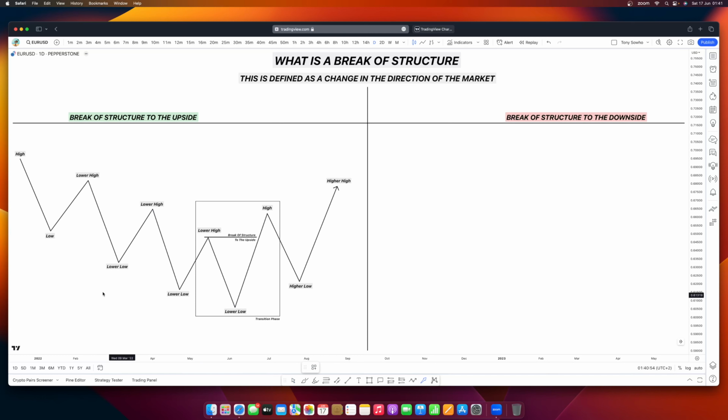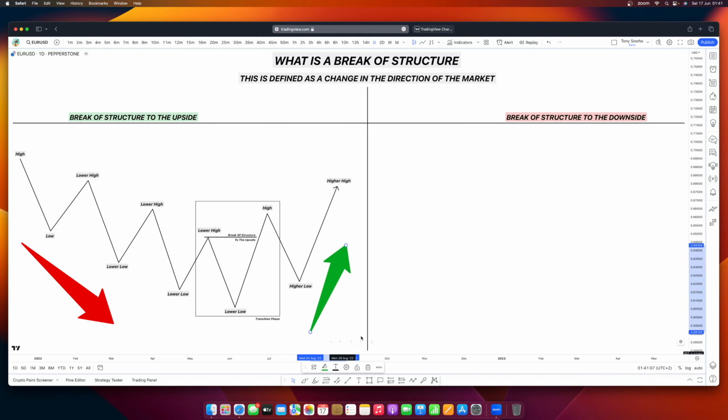So we can do like this: price was selling to the downside and then price changed direction and started to buy all the way to the upside. So we can just change this to green. Now for a break of structure to the downside, what that means is that price was previously buying and then price broke structure and then sold all the way to the downside.